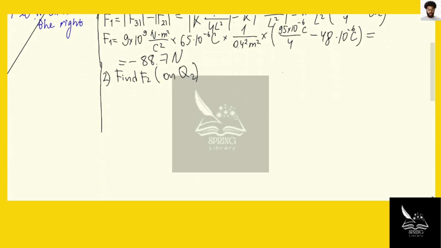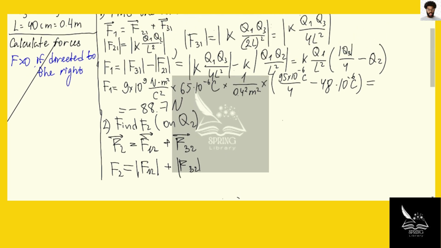Now, let's calculate F2. Again, in vector form, F2 is the sum of F12 and F32, but in scalar form, F2 equals the absolute value of F12 plus the absolute value of F32.